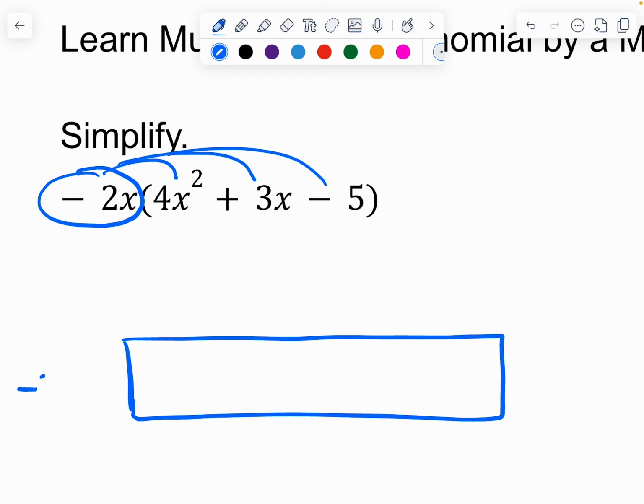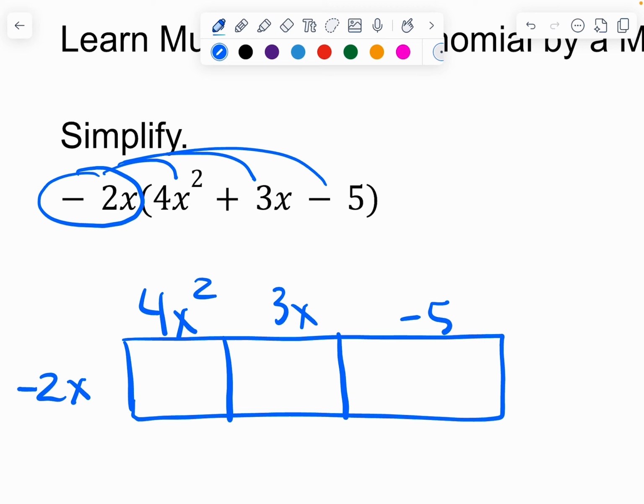And what I do is I write the negative 2x out here, 4x squared here, 3x here, minus 5 here, and I multiply. Negative 2 times 4 is going to get me negative 8. X squared times x is going to get me x to the third. 3 times negative 2 is going to get me negative 6.